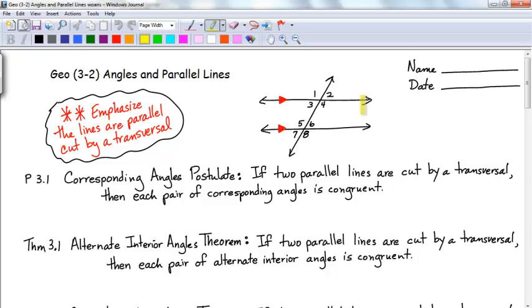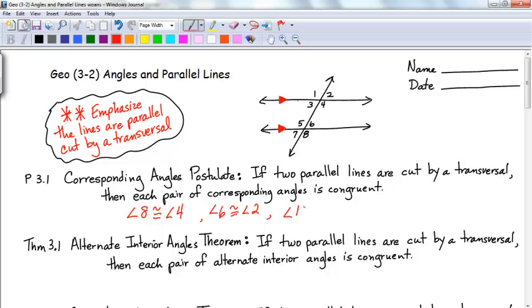So when you look at that, we're going to add to this. We're going to name all those pairs. What's one pair? 8 and 4. Angle 8 is congruent to angle 4 by this postulate. What's another pair? Angle 6 is congruent to angle 2. What's another pair? Somebody else?